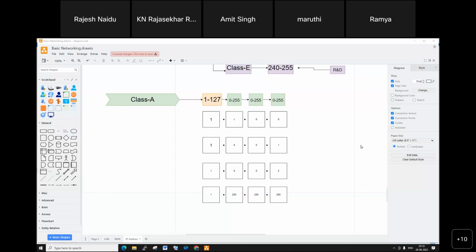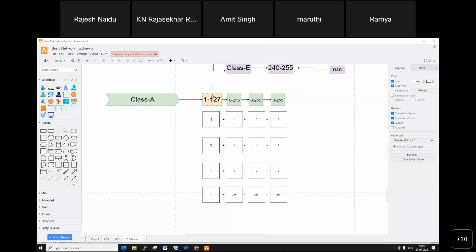Okay, listen carefully. I think you did not understand, so let me explain one more time. In IP version 4 class A, 127 networks are there. 127 networks means separate networks, separate colonies, separate areas. Understood?